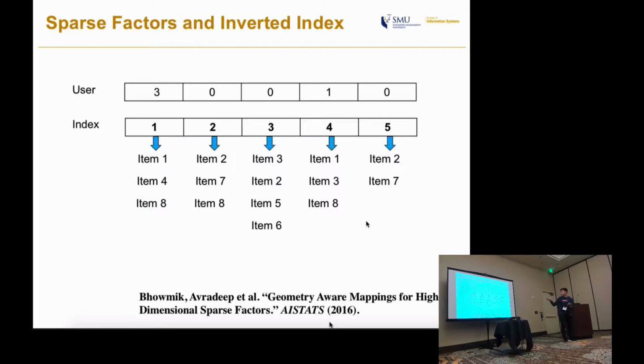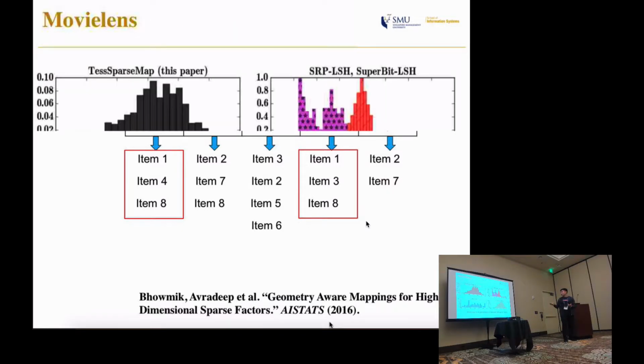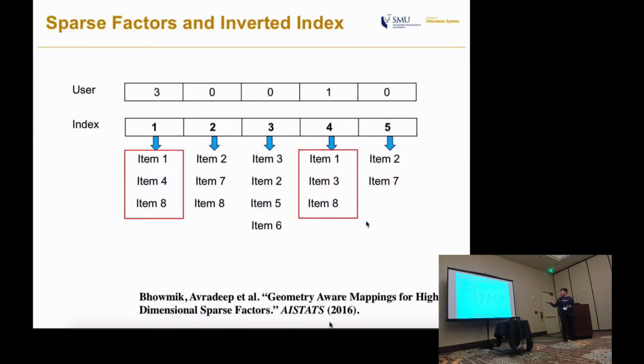In this case, it is the first coordinate and the fourth coordinate. The items that appear in the lists will become the candidates for inner product search computation. So effectively, instead of investigating all the items in the inventory, now you only need to investigate the candidates generated by the inverted index.